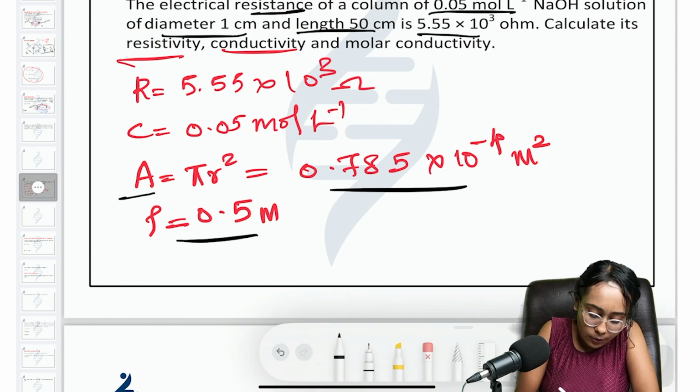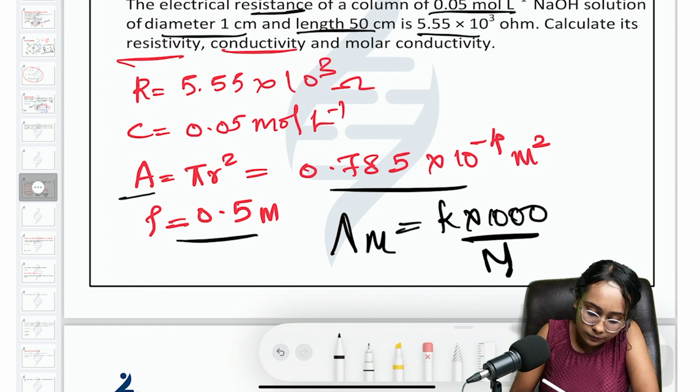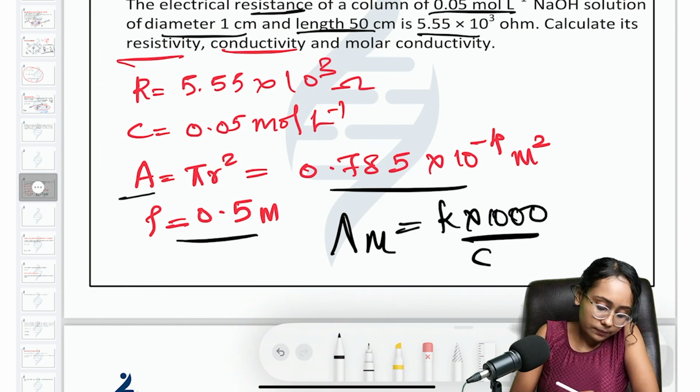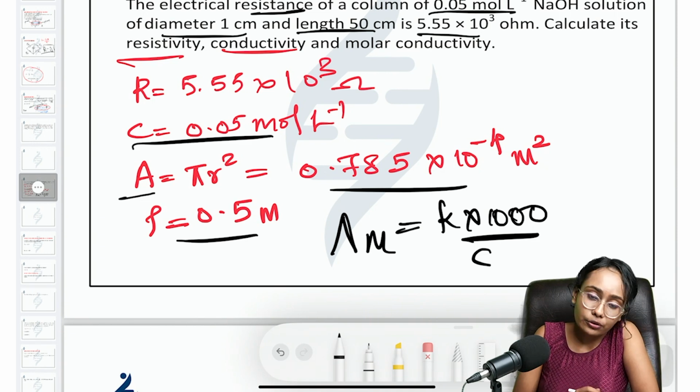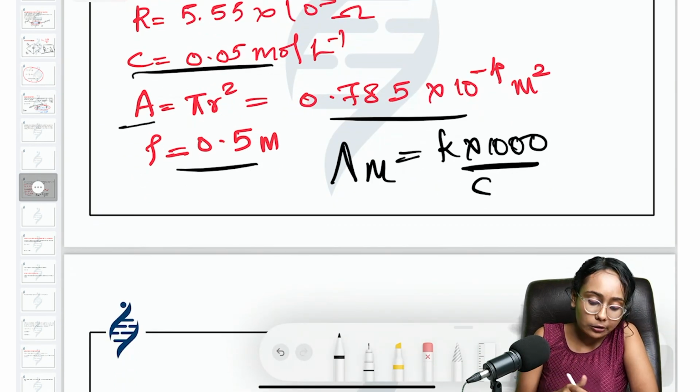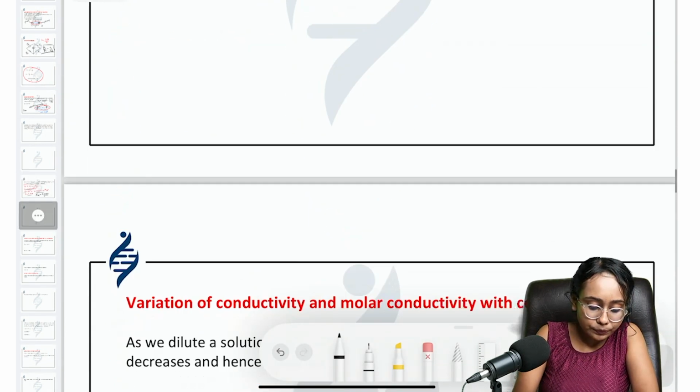Molar conductivity is lambda m equal to K into 1000 by C. C is already given, 0.05. K is found from the conductivity, the reciprocal of resistivity. Just multiply by 1000 and you will get the molar conductivity.